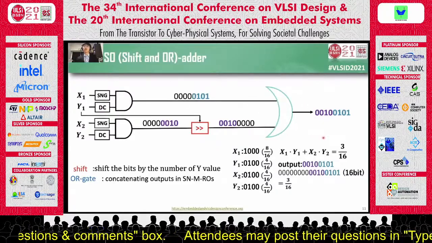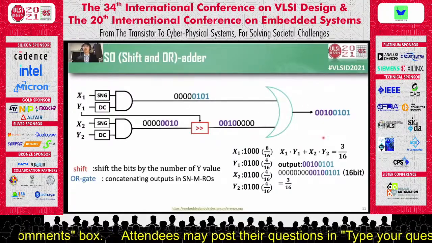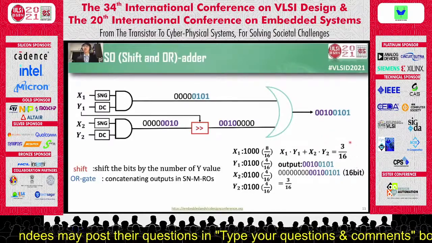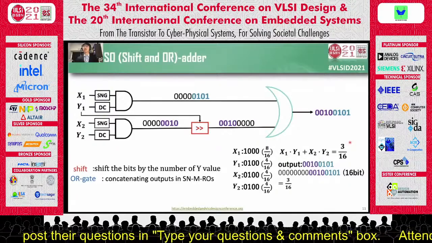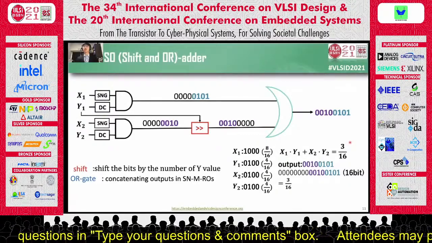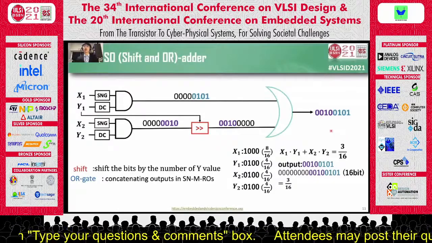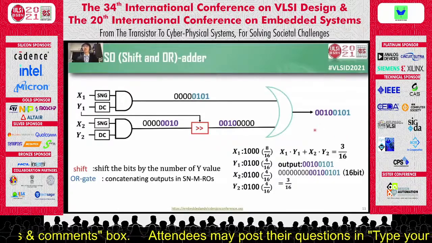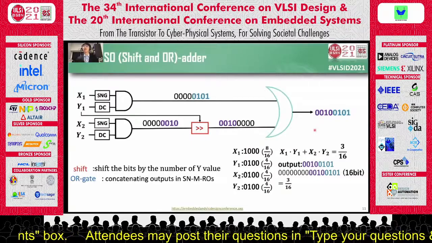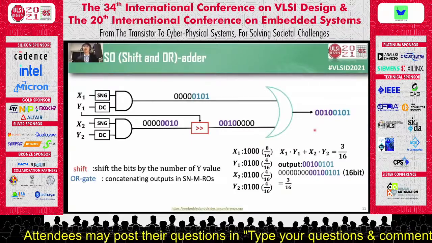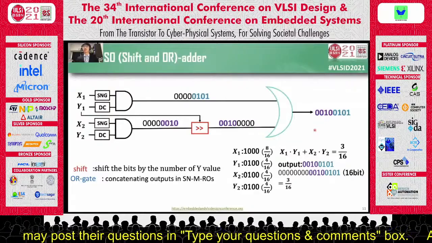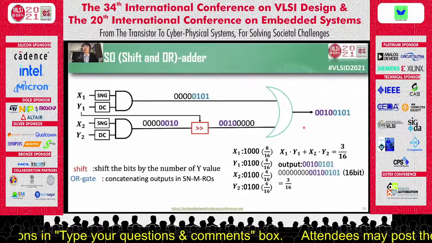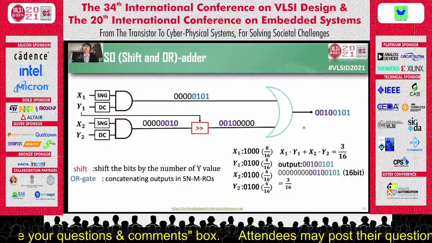When it is converted to 16 bits, it becomes 3/16, and so we can see that the product sum operation can be realized. By using a shifter and an OR gate instead of the multiplexer in this way, we can realize a multiply accumulate operation of SC without information loss and scaling. However, this method uses a shifter, which may increase hardware cost.